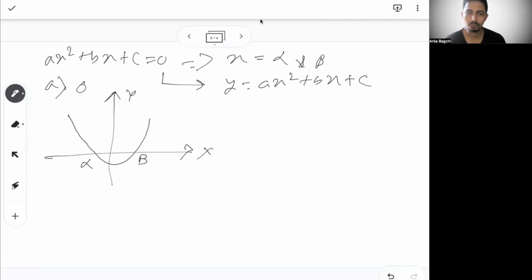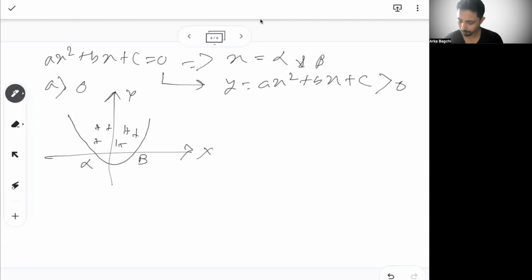right? So the value of ax square plus bx plus c will be greater than 0 when y is positive. Y is positive in this zone, because this is on top of the x-axis.